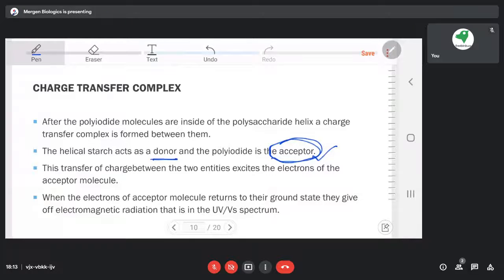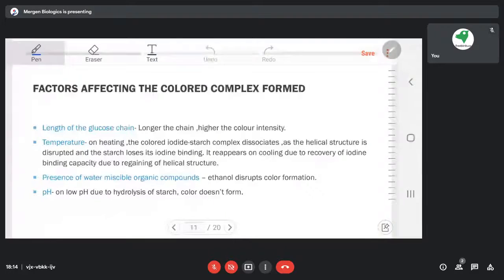When this transfer happens, the electrons of the acceptor molecule, in this case the polyiodide molecule, get excited. After getting excited, when they return to their ground state, their original state, they give back some light. We can observe these lights, and these lights are actually the coloration of the overpowering amylose.